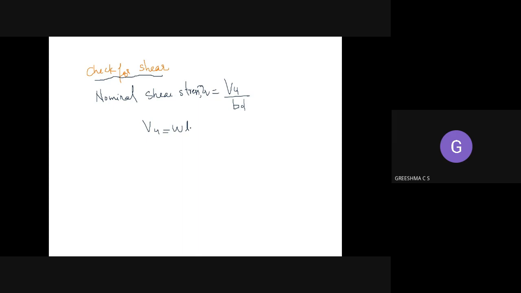So here you can use W Lx by 2, length along the x direction. So 14.25 into Lx, that is 4.161. Okay, 4.161 divided by 2.